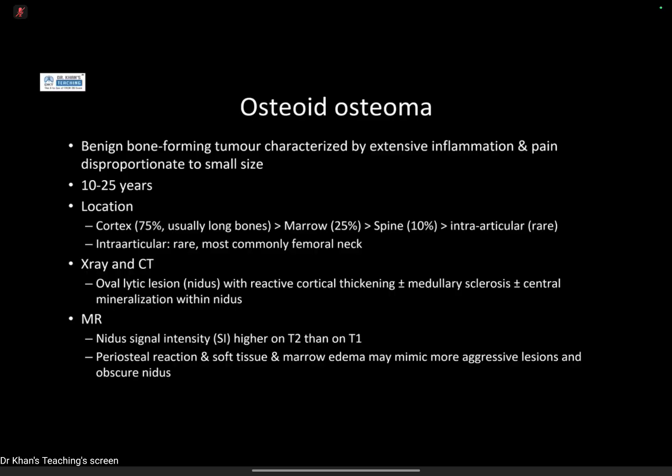So in a case of a patient with pain and diffuse marrow edema, this should be up there with infection as a cause. You tend to see that nice lucent nidus which can have central sclerosis within it. And if you're lucky, the nidus tends to be small, so you don't always actually see it on the MR. The CT is really the clincher here, particularly in that case.